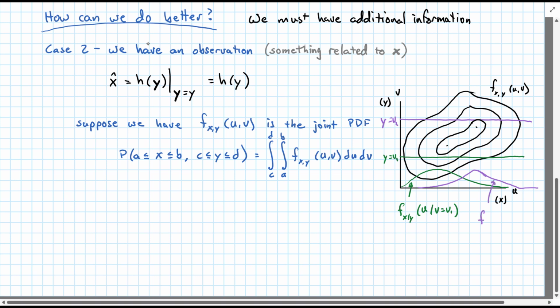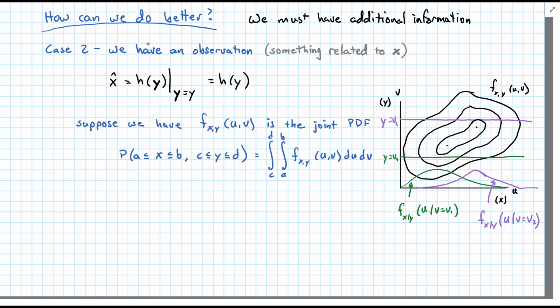So this is going to be f of x given y equals v2. Now the first thing to notice is we have a different mean for our green versus our purple distributions, our v1 or v2.